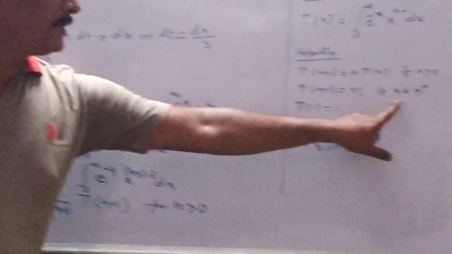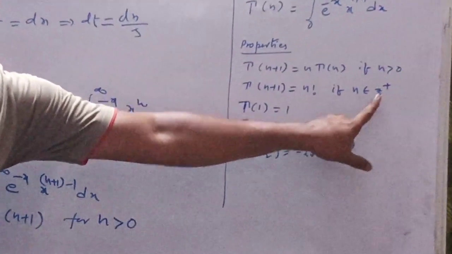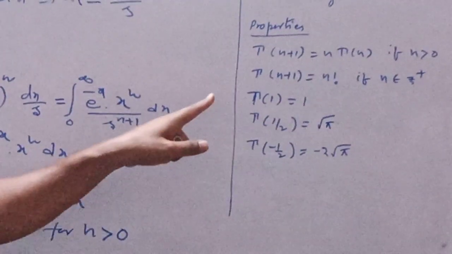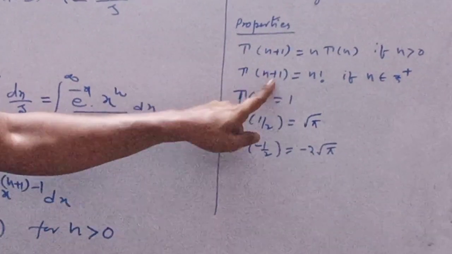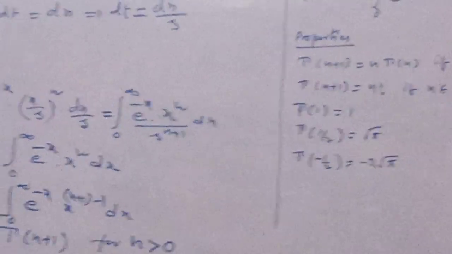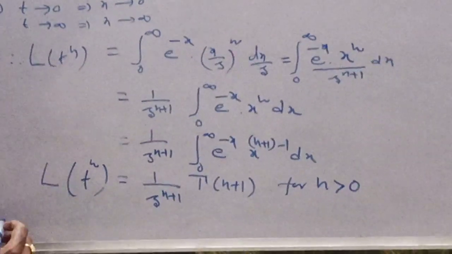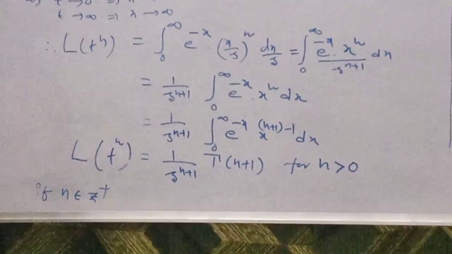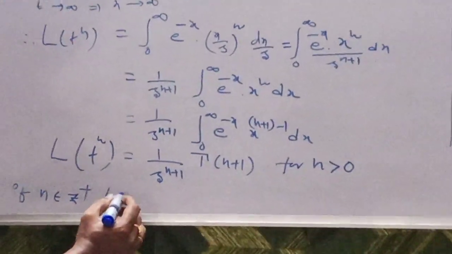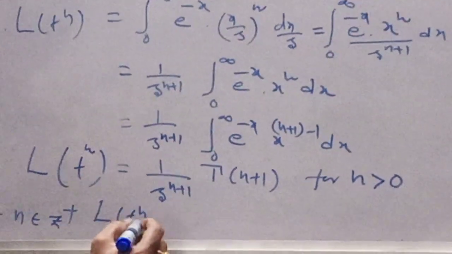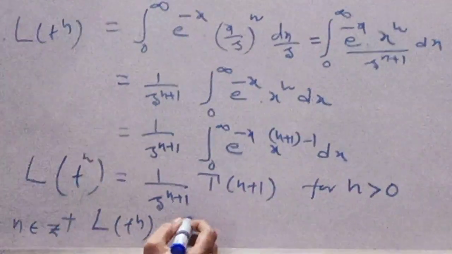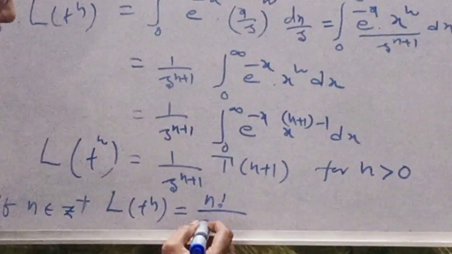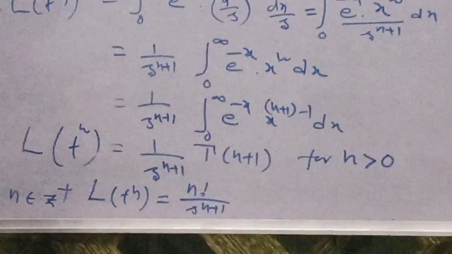Or suppose n belongs to Z plus, then you can rewrite gamma of n plus 1 as n factorial. So if n is a positive integer, the Laplace transformation of t to the power of n equals n factorial by s to the power of n plus 1.